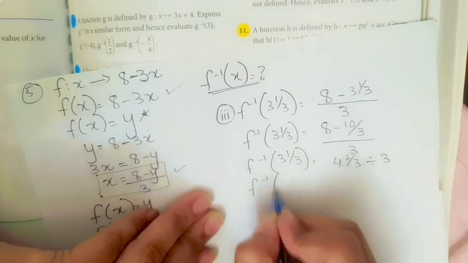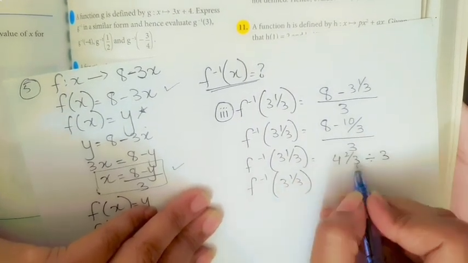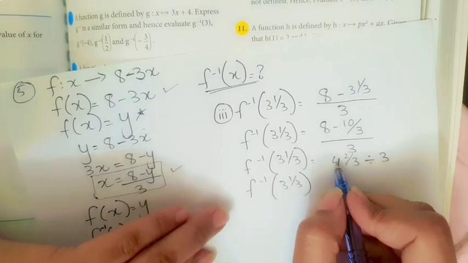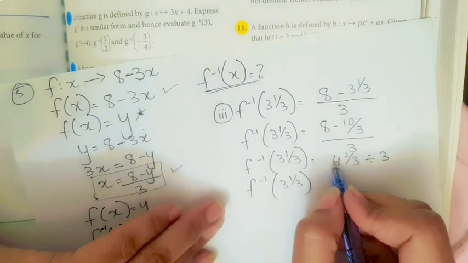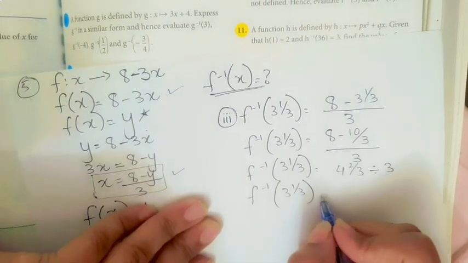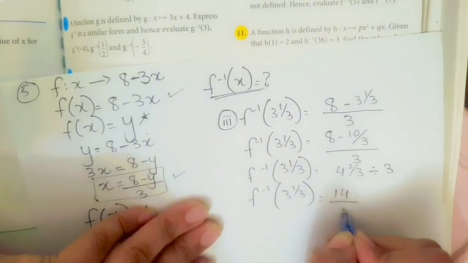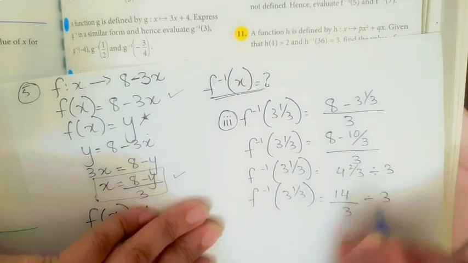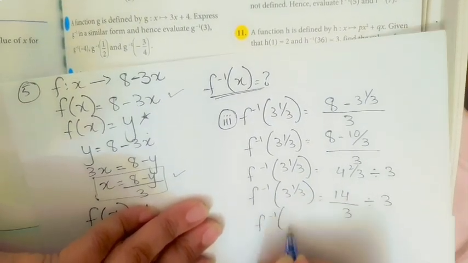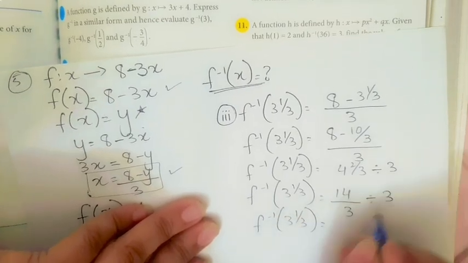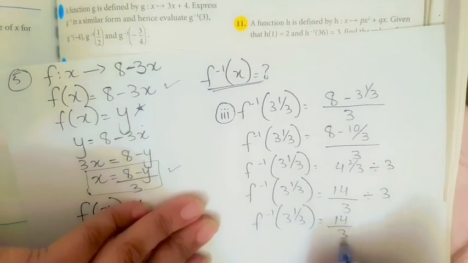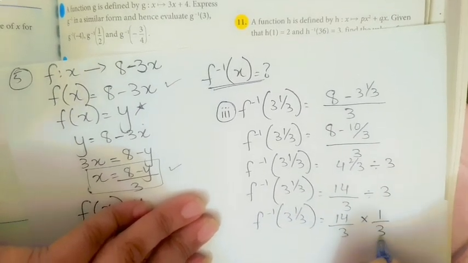Now change it into an improper fraction. 3 times 4 is 12, 12 plus 2 is 14, so 14 upon 3 divided by 3.